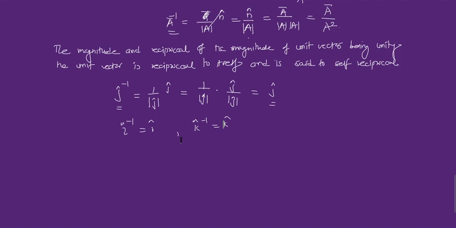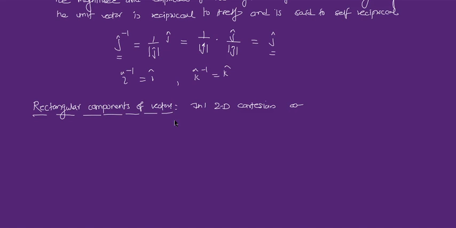So for example, in 2D Cartesian space, where x and y are the only two coordinates, we can write vector A bar is equal to i cap AX plus j cap AY. Naturally, vector AX bar is i cap into AX, magnitude and direction. Similarly, vector AY bar is given by j cap into AY. So these are called rectangular components.